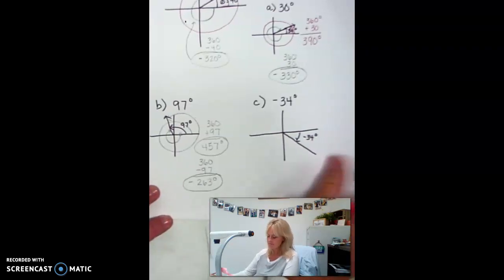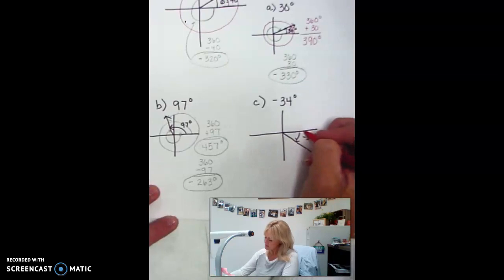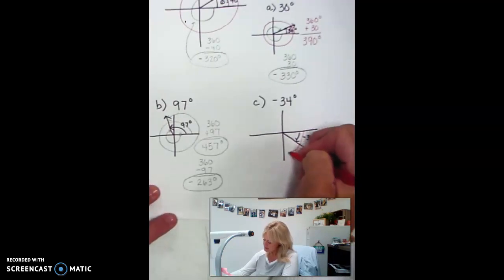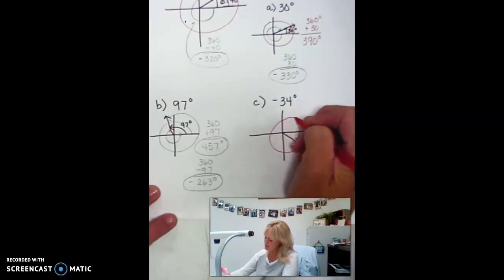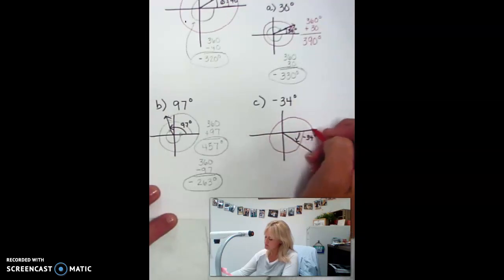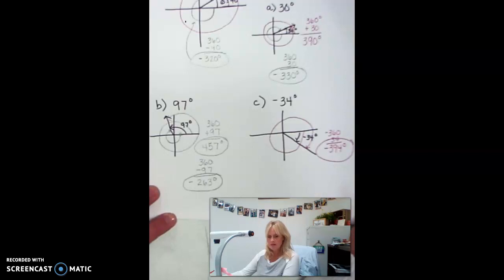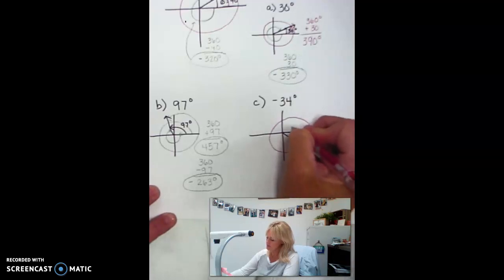For the negative 34, if I go negative and bypass it all the way around, there's a negative 360, plus I have to add another 34 degrees. So negative 360 and a negative 34 means that I have negative 394 degrees. But what's going the opposite direction of the original angle is this part all the way around.